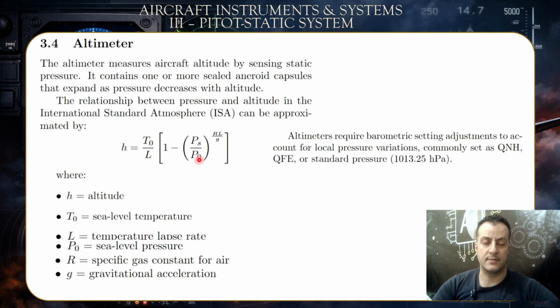So PS is the current static pressure divided by P0, which is the pressure at sea level, to the power of RL divided by G. R is the gas constant, we know it, each gas has a constant, multiplied by L, the temperature lapse rate, divided by G, which is the gravity or gravitational acceleration.